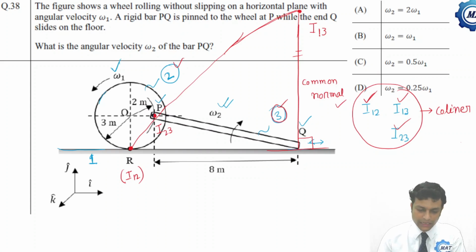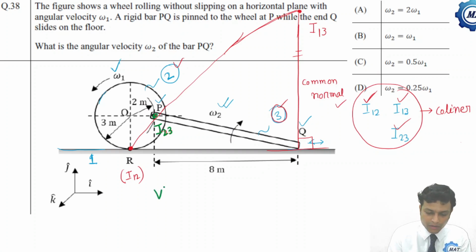Now we know that I23 is the relative instantaneous center for body 2 and 3. So at I23, that is at point P, both body 2 and 3 will have same velocity. That is, velocity of body 2 at point P is equal to velocity of body 3 at point P. What is velocity of body 2 at point P?